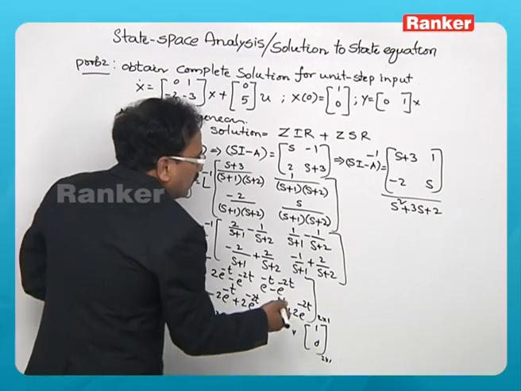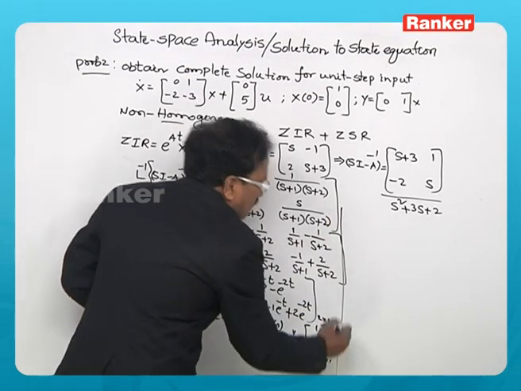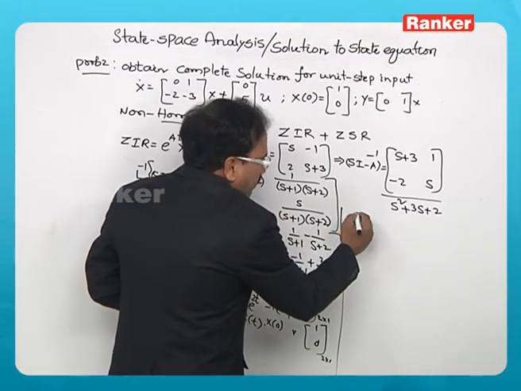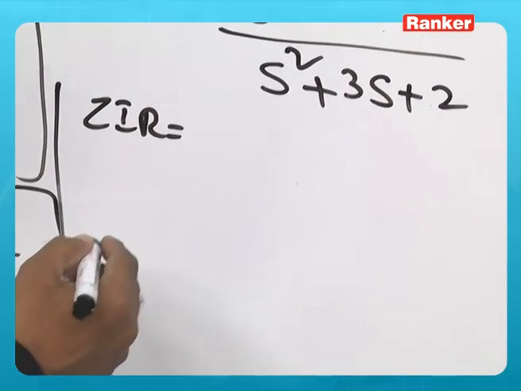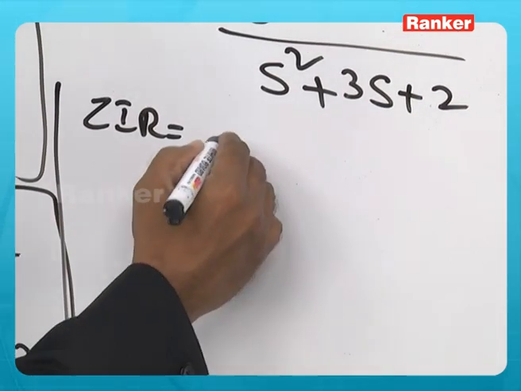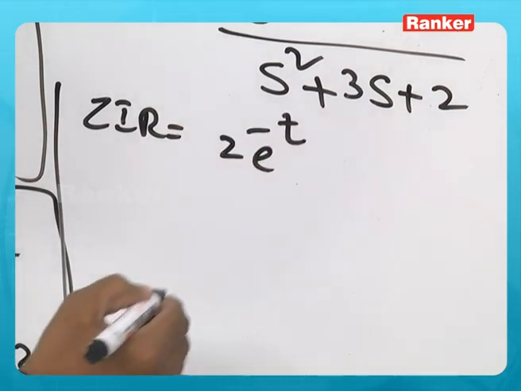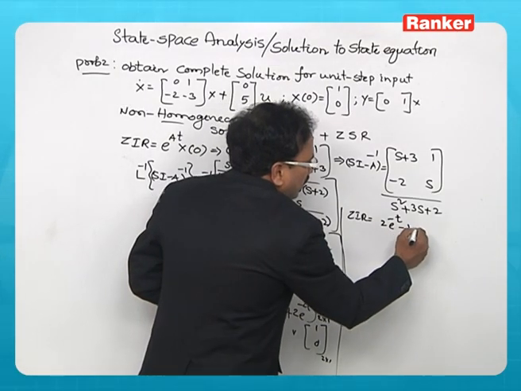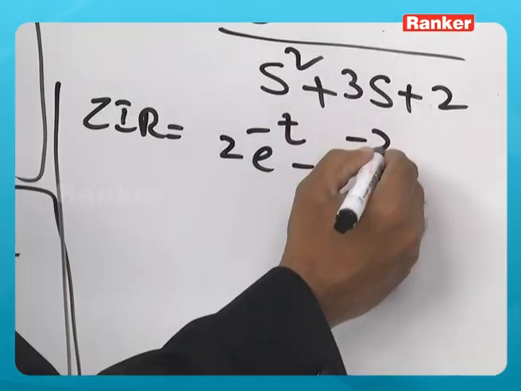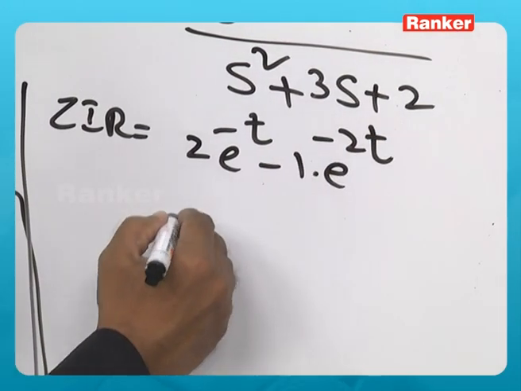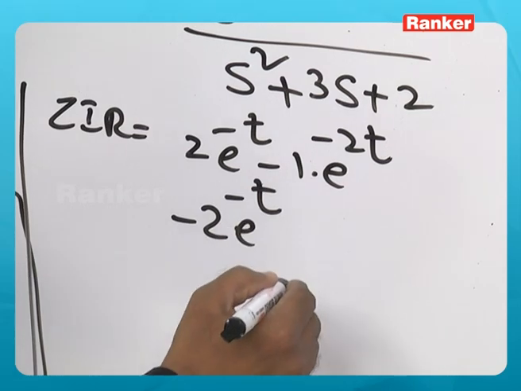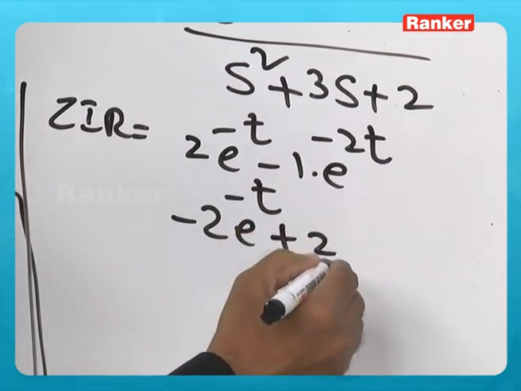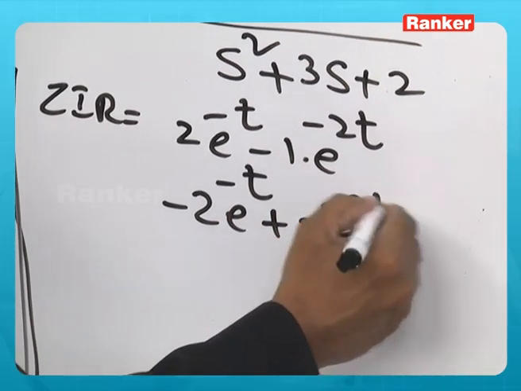So, the resultant response, when you call this the 0 initial response, you get 2 e power minus t minus 1 e power minus 2t and minus 2 e power minus t plus 2 e power minus 2t.